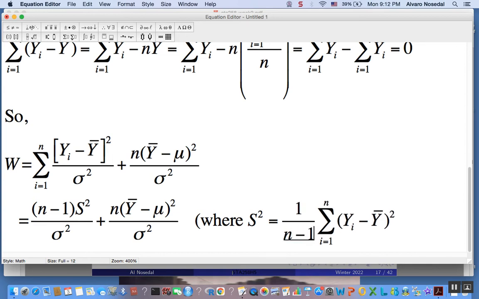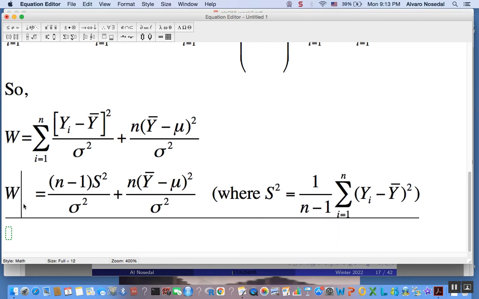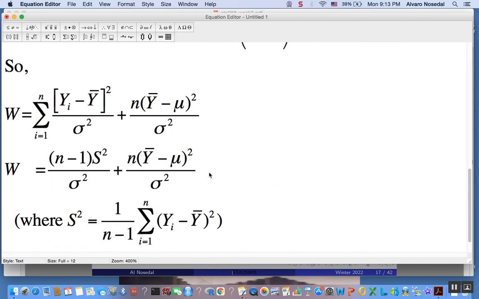That's the definition of the sample variance s squared. So now let me call that equation we just found hashtag, just to keep it in mind.